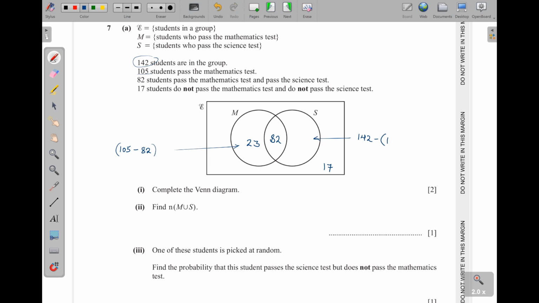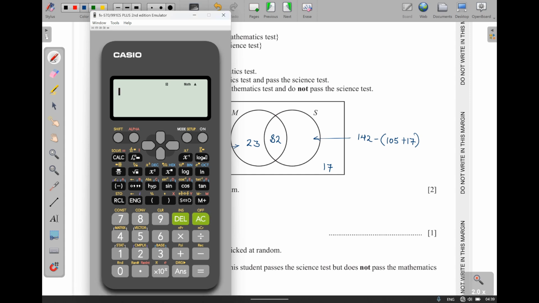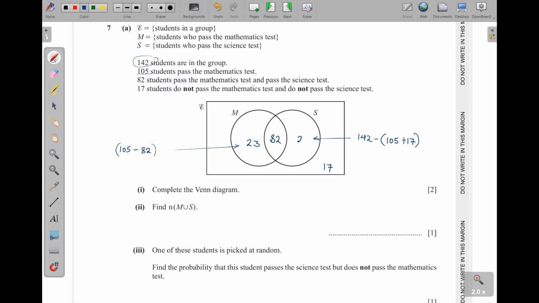So I will just put 105. And then there is 17 outside here. So plus 17. And then when we put this one here, 142 minus 105 plus 17, this one gives us 20. So this is what we are going to write here.